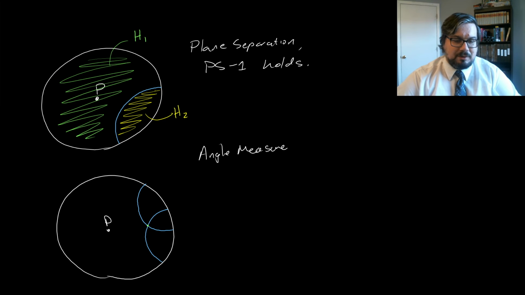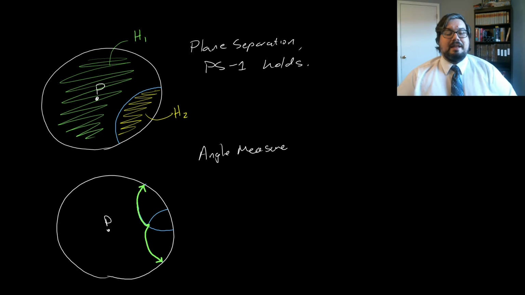We can construct a couple of rays. So for instance, one of the rays that we could look at would be this one. Here's a ray in the Poincaré model. And then here's another ray in the Poincaré model. And they're what you get by taking a point on a line and then including all the things that are on one side of that point.